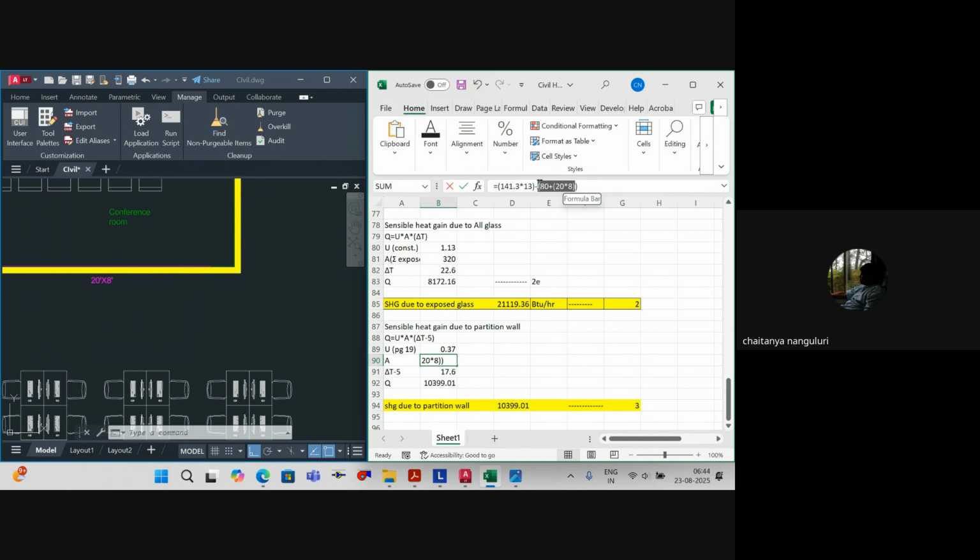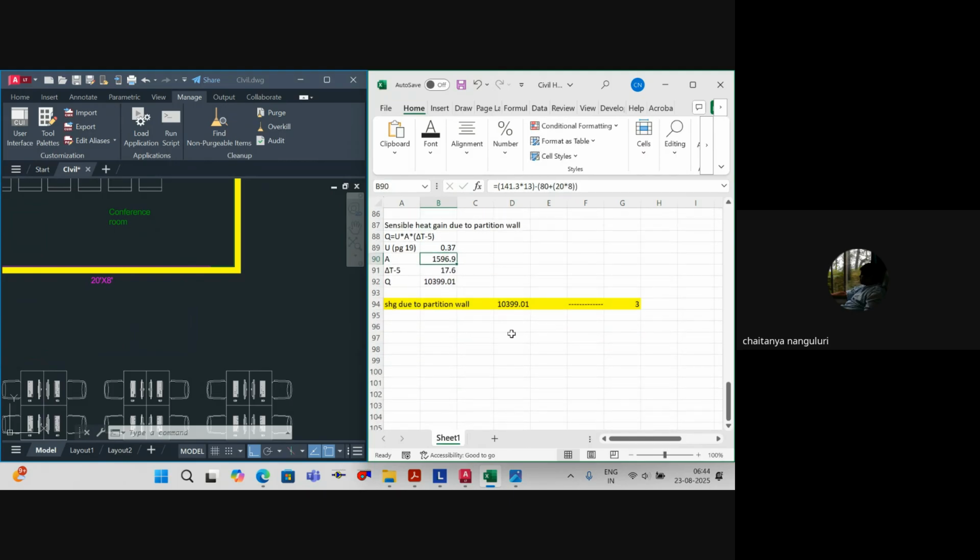Whatever this value is, we'll calculate it separately. So this is nothing but this one. So 240 square feet is the exposed partition glass area. You agree? Two glasses we have got, one for the conference room and another for this room. Right? So sensible heat gain due to partition glass: everything will be the same except the U factor, which is again a constant value.